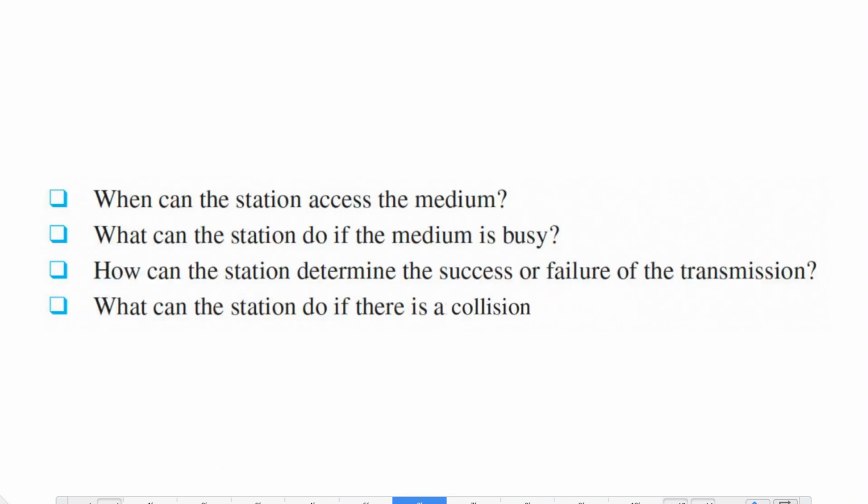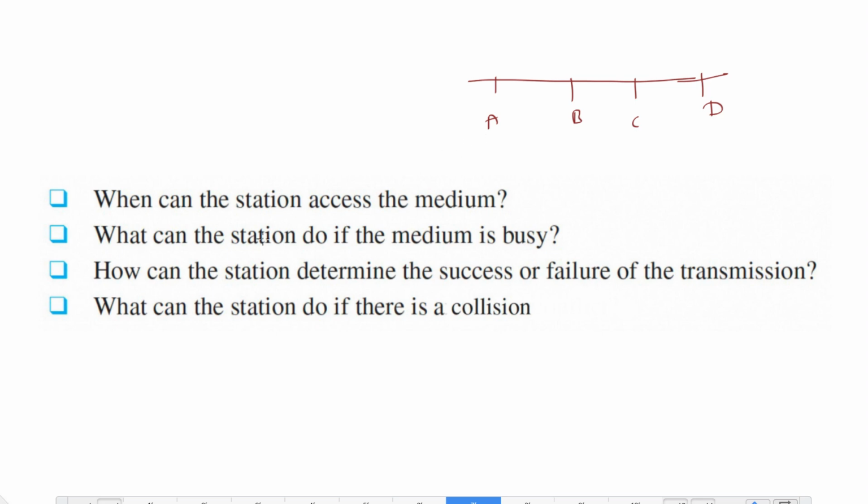Then how do we allow only one station at a time, or how does this work? Let's see. In particular, we will be answering these 4 questions. First question is: when can the station access the medium? There is a medium, and there are A, B, C, D, many stations connected to it. So when can a station get access to this medium?